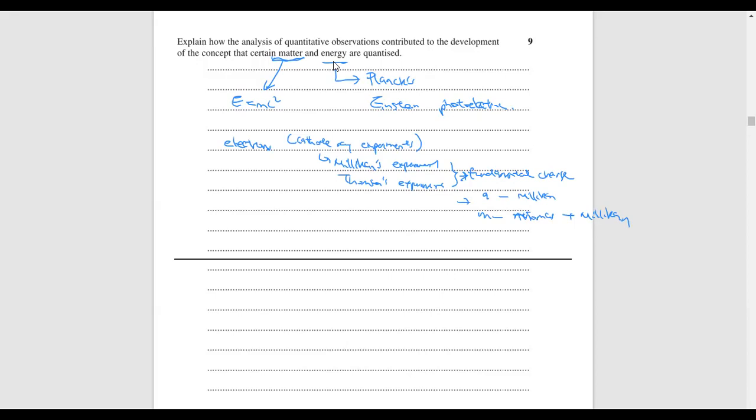Those would be probably the key ideas you would talk about, but there are other ones you could talk about as well. I don't think you need to talk about everything because there's too much to talk about, but you could talk about Bohr's experiment in terms of the line spectra, which indicates that energy is quantized.